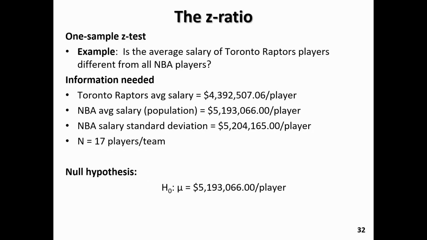With the one sample z-test, and as the term suggests, we only have one sample. We are basically stating that the Raptors' salary will be equal to that of the population. So we simply state that mu is equal to 5.13, which is the population average, stating that the sample average is going to be equal to this, versus the alternative that it's not equal to this.